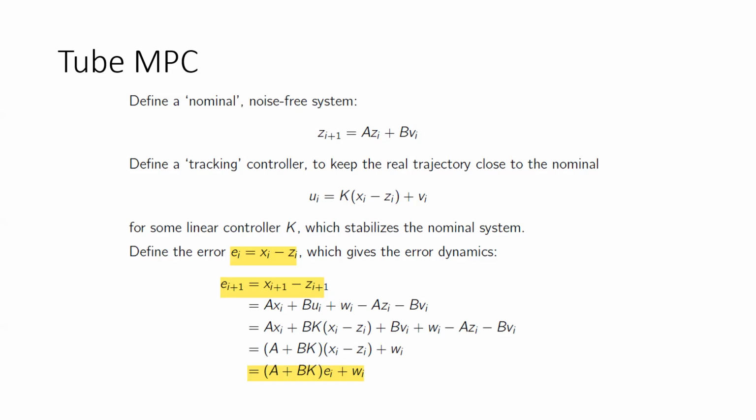This is the math for the nominal system. As you can see here, instead of X, we're using Z just to differentiate. Whenever you see Z, it means it's noise-free and an accurate measurement. The V here is the controller U that controls the nominal system.